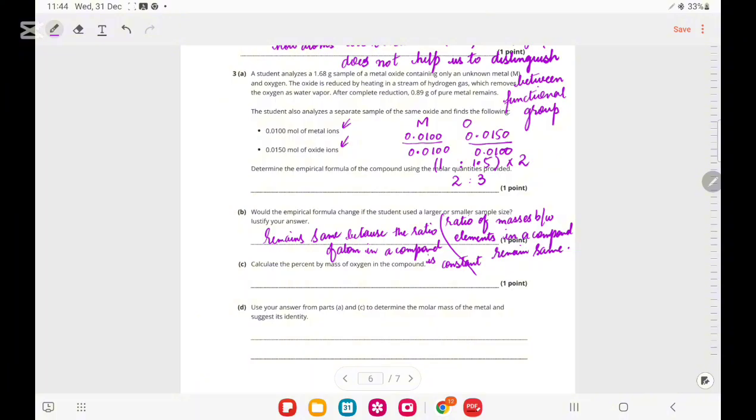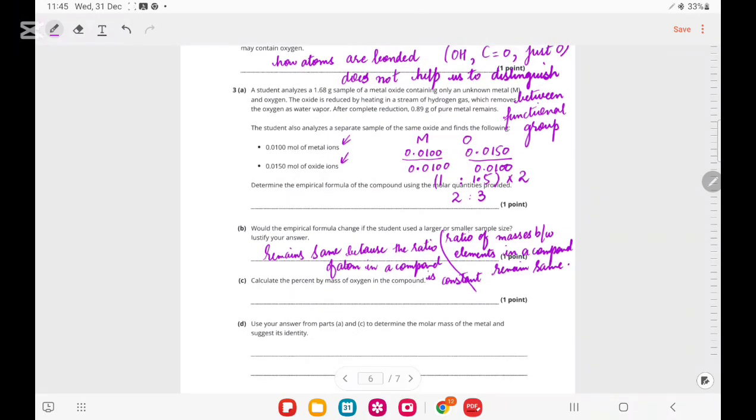Calculate the percentage by mass of oxygen in a compound. So we have to calculate the percentage of oxygen in a compound. So how can we do that? This was the total mass, and when it is reduced, then what happens? Oxygen would be removed from it.